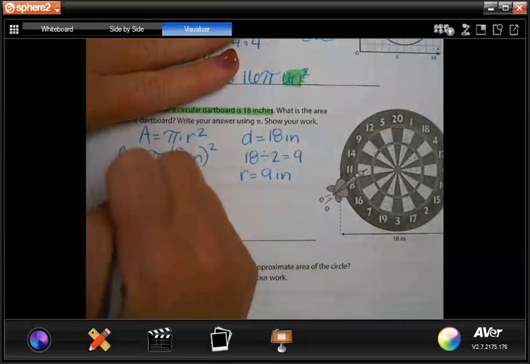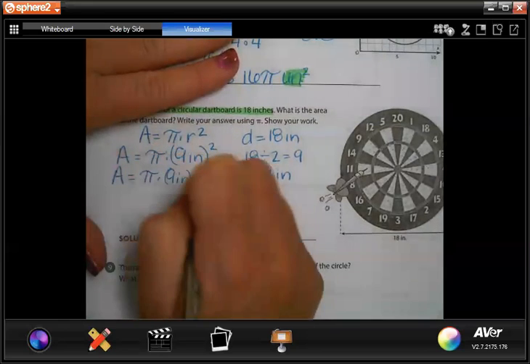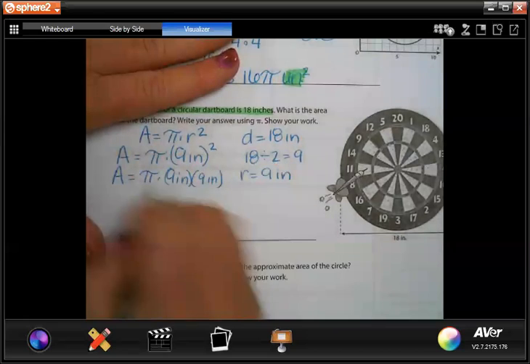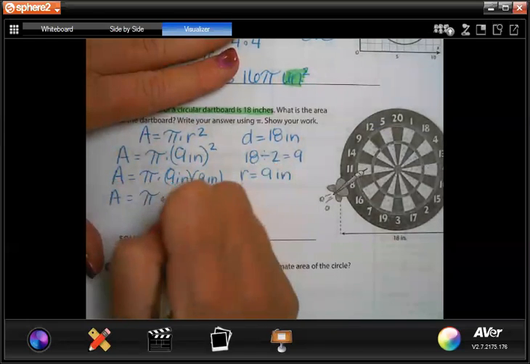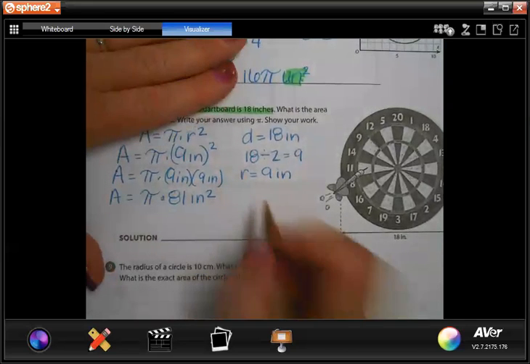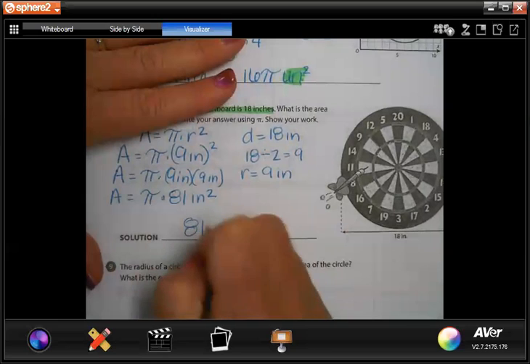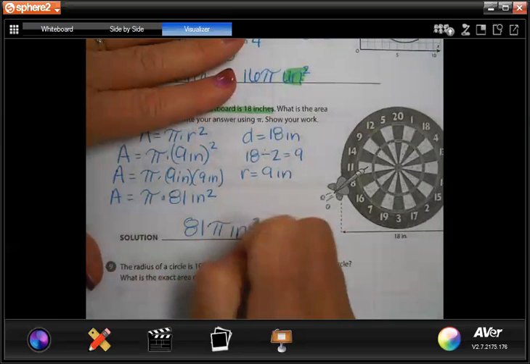So area equals pi times 9 inches times 9 inches, which comes out to 81 inches squared. But since we're in math class, we rewrite it properly. So the area is 81 pi inches squared.